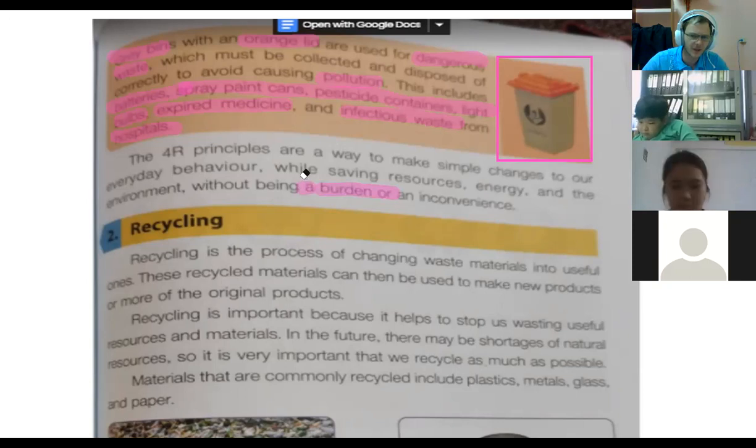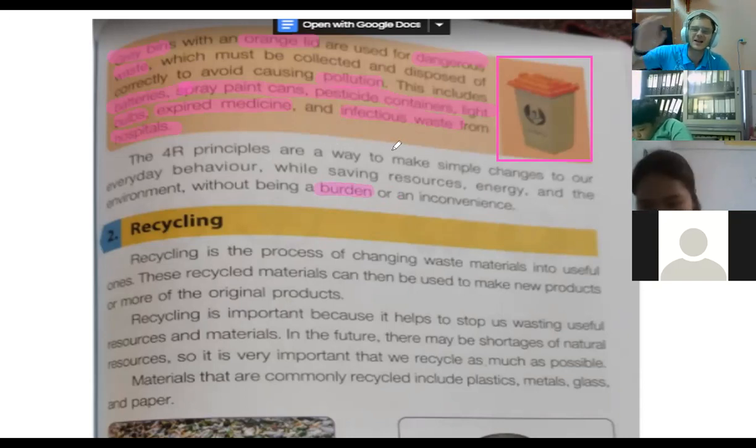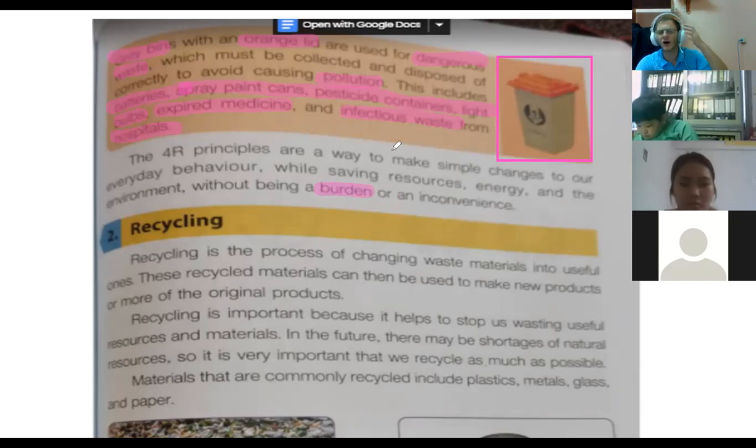For example, let me explain the word burden. If someone is a burden to you, they cause you problems. Like let's say your friend makes you angry. Now you don't want to speak to your friend because you are angry. And the whole time he's there trying to talk to you and you don't want to. In your eyes, he is a burden.